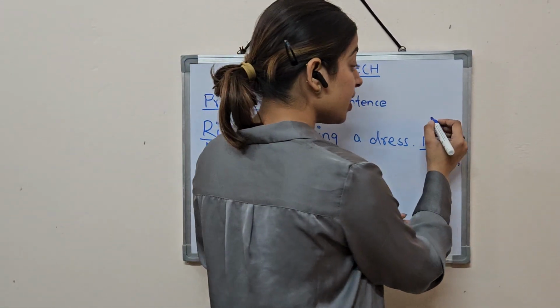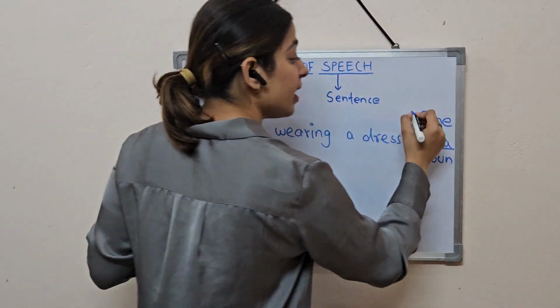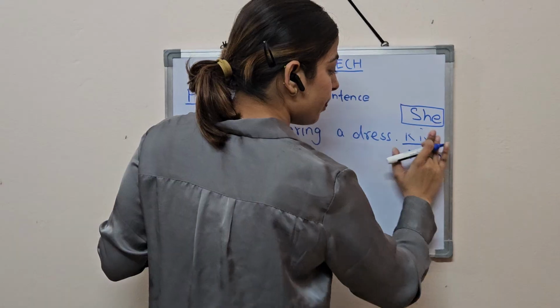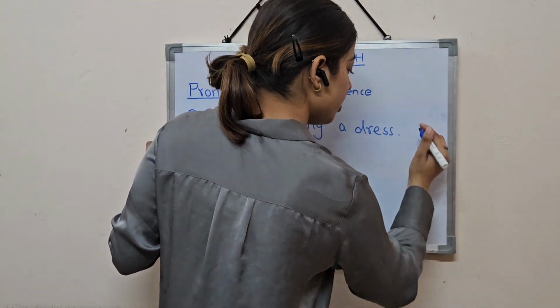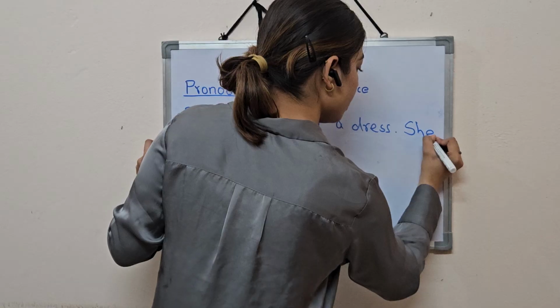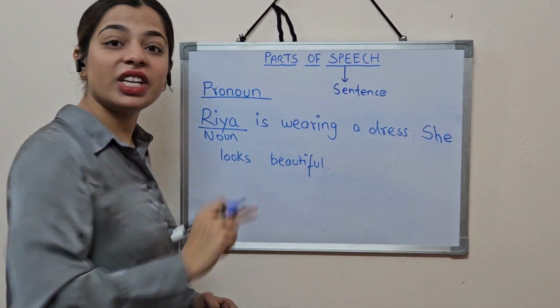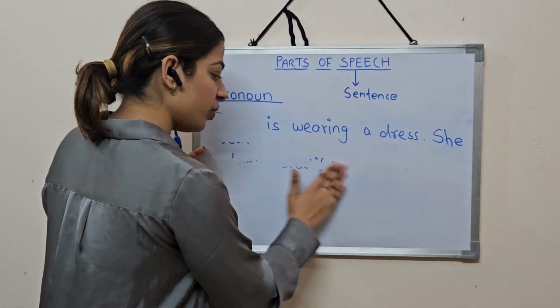I should use she. Okay. So she is the pronoun. Yes. So let me replace Riya with this pronoun, which is she. Let's read the sentence now. Riya is wearing a dress. She looks beautiful.